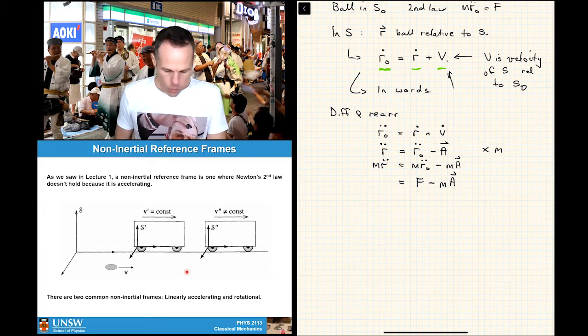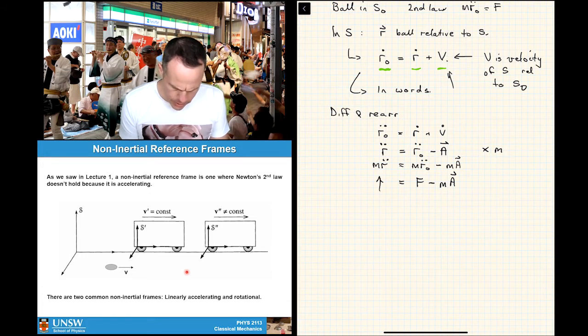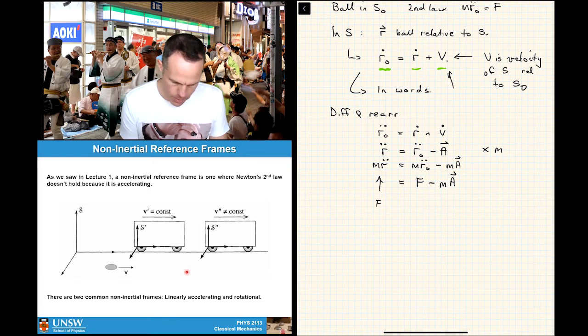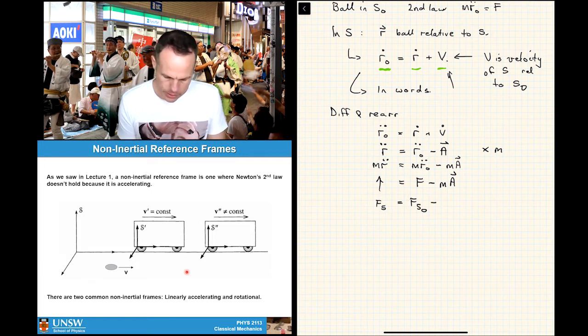And what I can say in here is that this is now the force that I would see on an object in my frame S, and it will be equal to the force that I would see in my frame S naught minus an extra term that is connected to the acceleration of the frame.